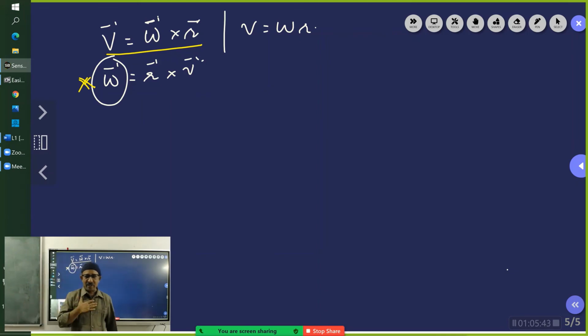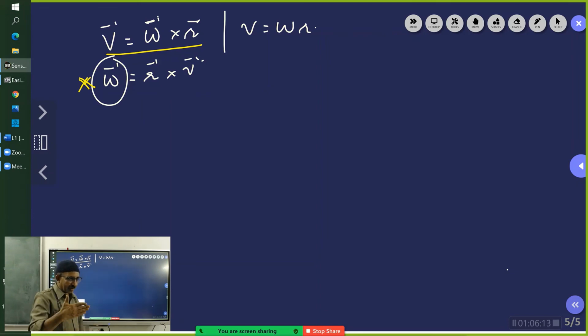Please understand, the particle is rotating in the anti-clockwise direction, but we cannot create a bending vector like this. Vectors are always at a particular point representing magnitude and direction. So we adopted a convention: if the particle is going like this, the vector is perpendicular to the plane of rotation.